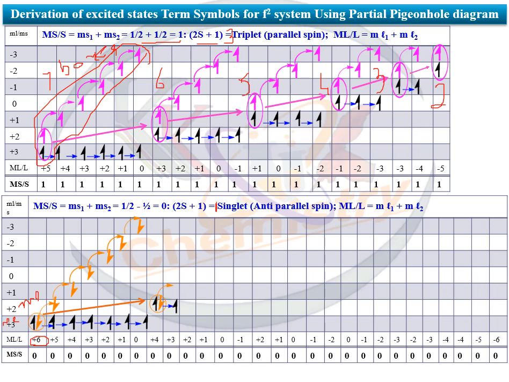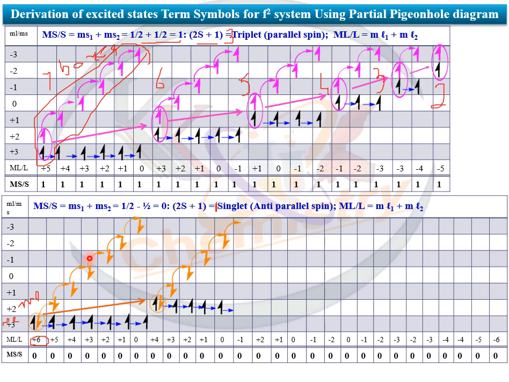Now keep on moving the electron in a similar fashion as you have done with the triplet series. Keep on moving till you reach the final box, beyond which you cannot place these 2 electrons. Okay, here's the final one.